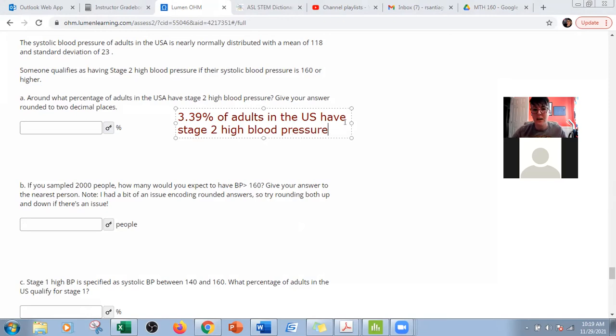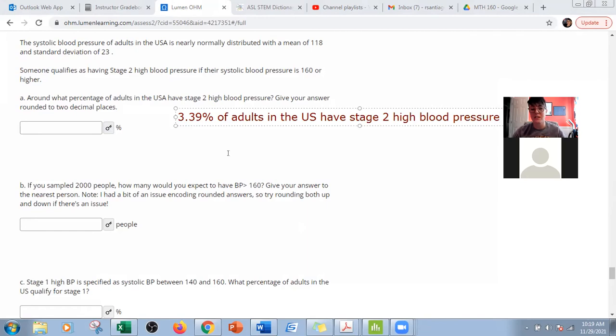Now, I'm going to open this up because I want you to see this clearly. Then it says, if you sampled 2,000 people, how many would you expect to have a blood pressure of greater than 160? So what I did was I multiplied whatever number I got by 2,000. Yes. Was that supposed to be the answer?